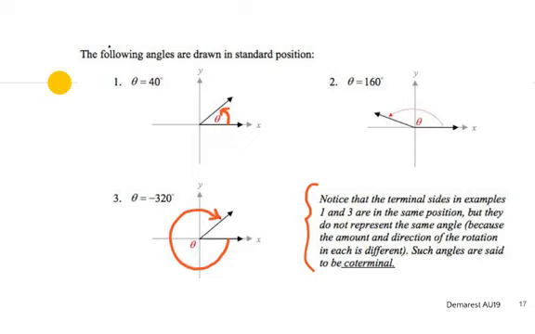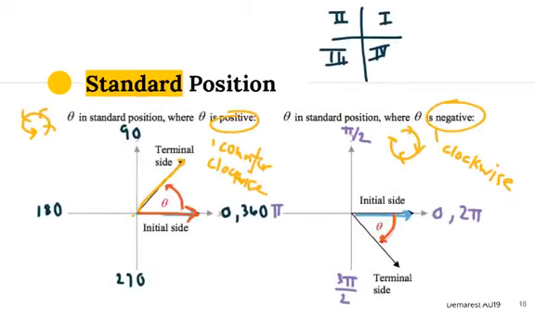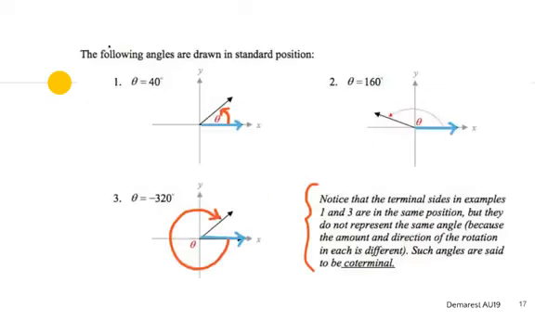Keep in mind, we always start all of these with the starting side, the initial side, on the positive x-axis. And I guess I didn't mention this very carefully, but the closing side of your angle is called the terminal side. So here are our terminal sides of the angles. It's important that we know that vocabulary because we're going to see it come up and use it to help us with our graphing.